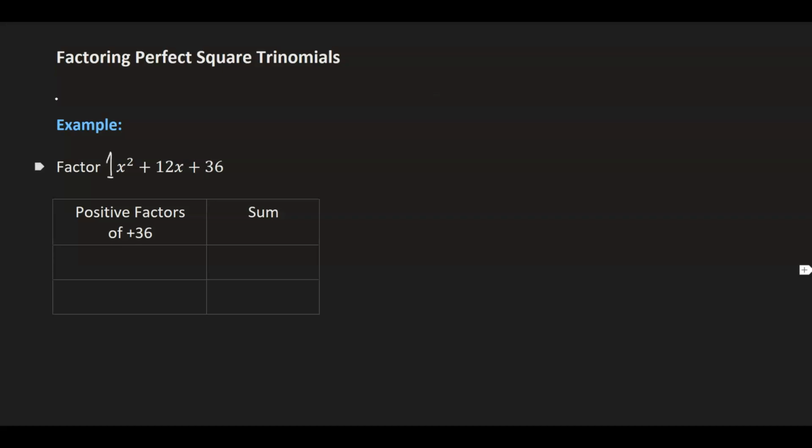Remember, we've got a coefficient 1, so we have this process where we are looking for two numbers, a and b, whose sum is positive 12, and product is 36, positive.